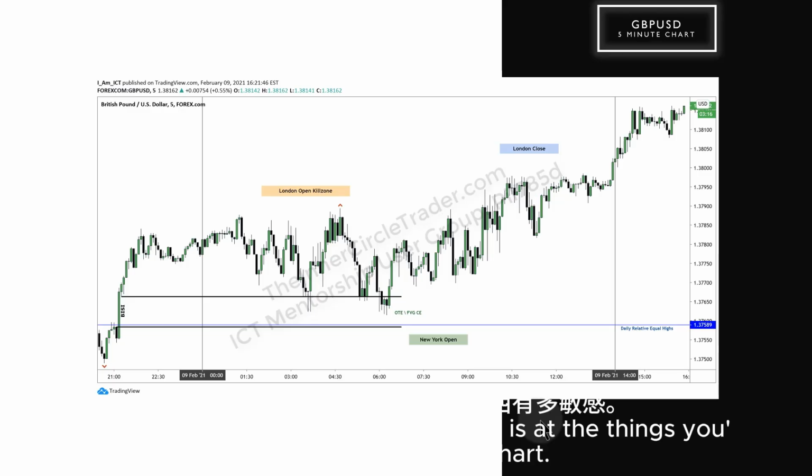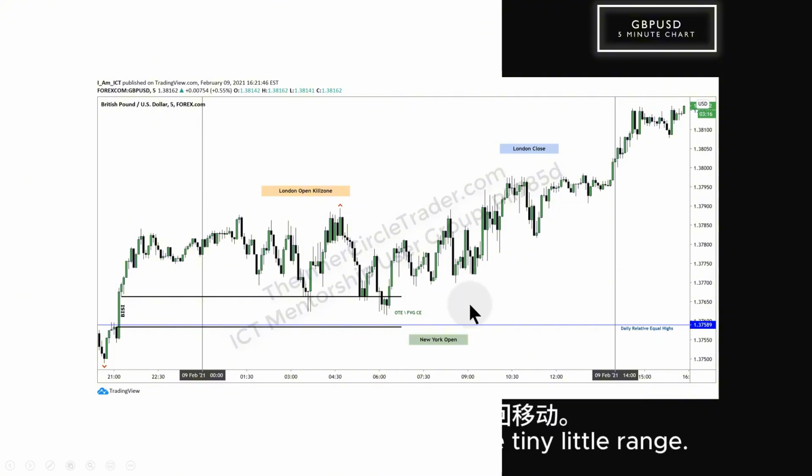But study how much sensitivity there is at the things you're drawing on your chart. There isn't a lot of rush or surge away from the levels that would supposedly create a buy or sell. It's just back and forth in this tiny little range.